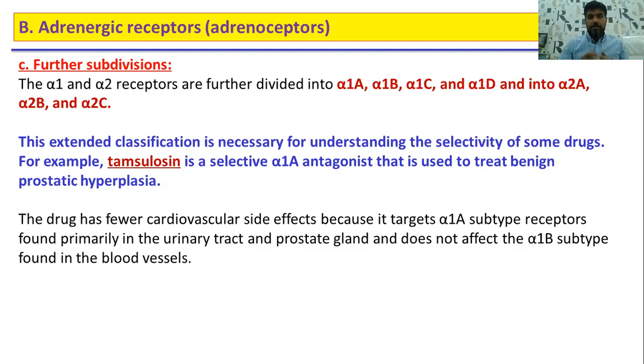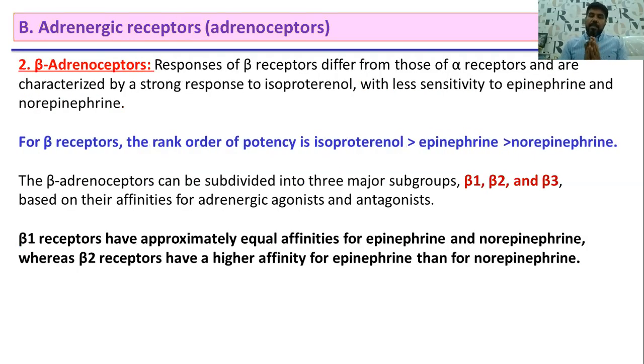And honestly, these subdivisions of each receptor can explain why some medications are much more specific for a particular organ rather than another organ. So we can see that for each chemical substance there's a kind of specificity, and this specificity can be attributed to many factors, for many reasons. One of them is the subdivision of each receptor.